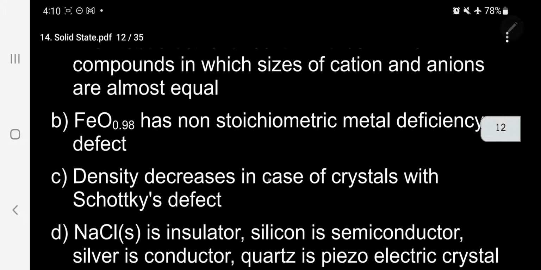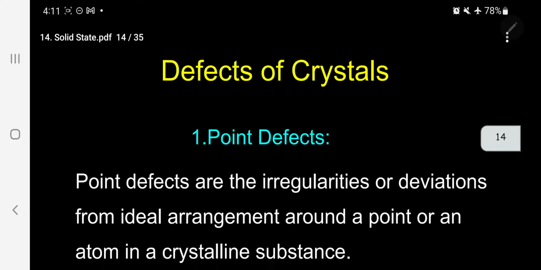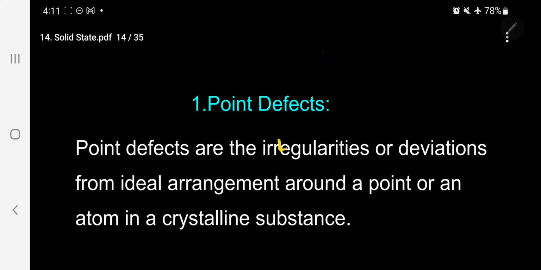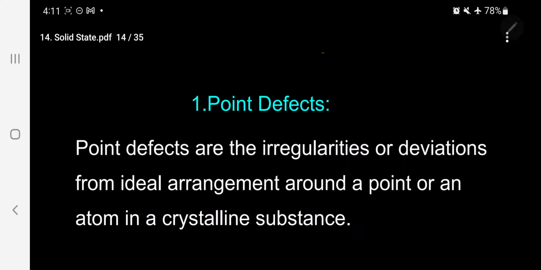Let me explain what defects of crystals are. There are 2 kinds of defects: point defects and line defects. Point defects are the irregularities or deviations from ideal arrangement around a point or an atom in a crystalline substance.